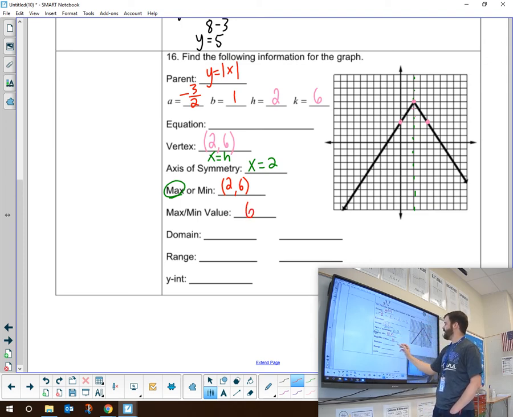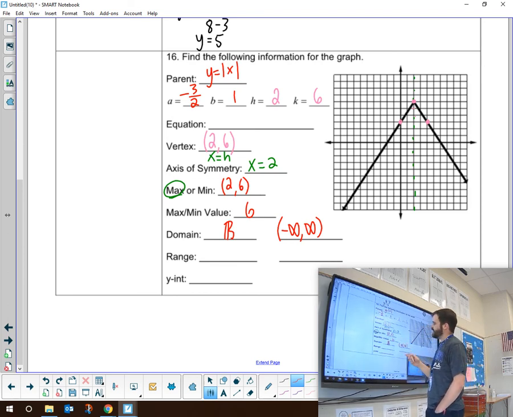And so my domain is all real numbers, negative infinity to positive infinity, and then my range is everything below, up until we hit 6. So my range is going to be everything less than or equal to 6, or negative infinity to 6.